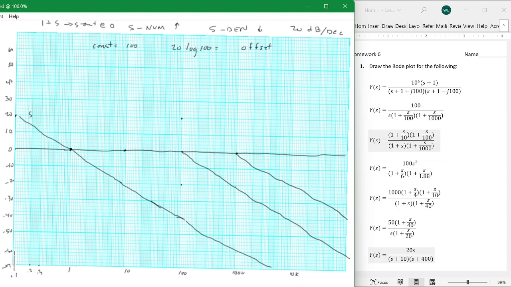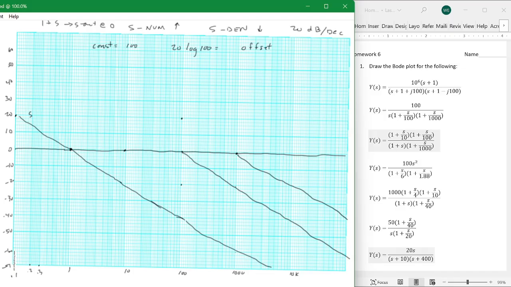What is the log of 100? It's 2. If you don't believe that, put it in your calculator and punch in log parenthesis 100 equals 2. Isn't that right? Any questions? Any comments? This is your offset.